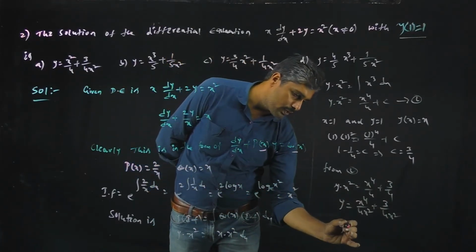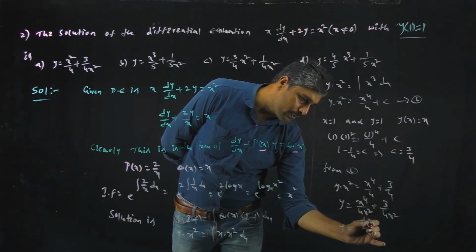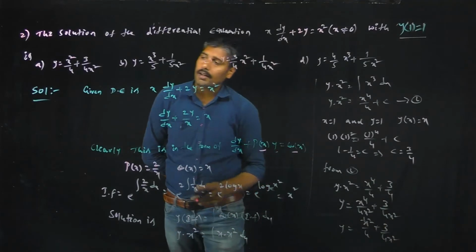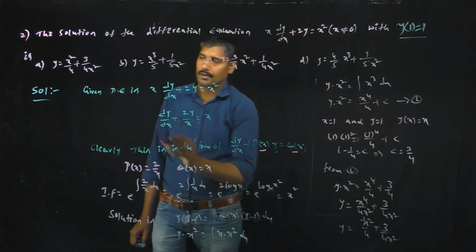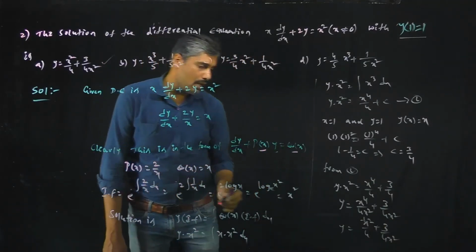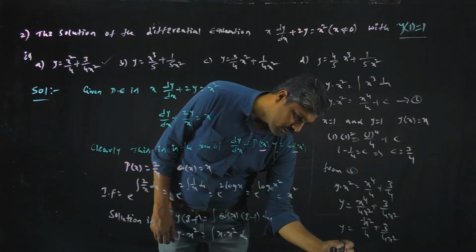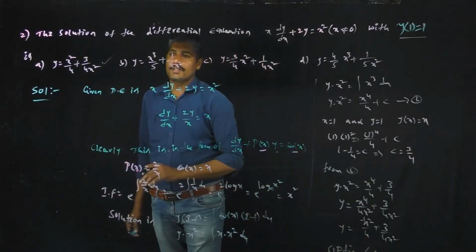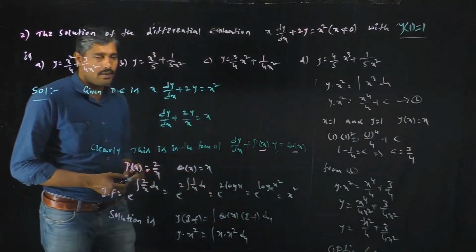Therefore, y equals x squared by 4 plus 3 by 4x squared. Clearly, this is the first option, option A. Like that, we are solving linear differential equations.